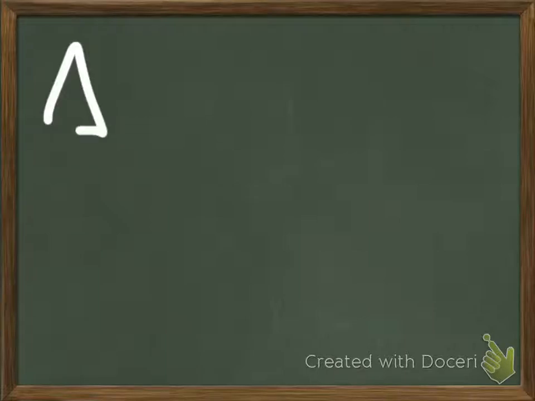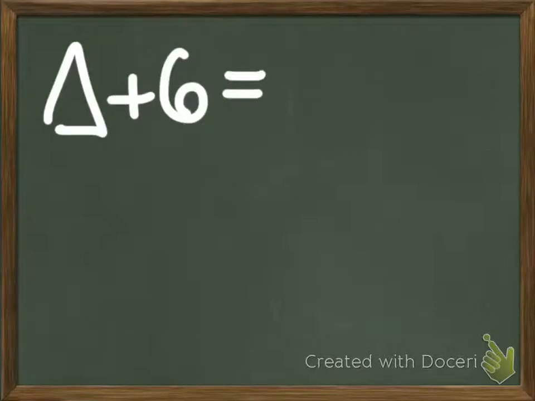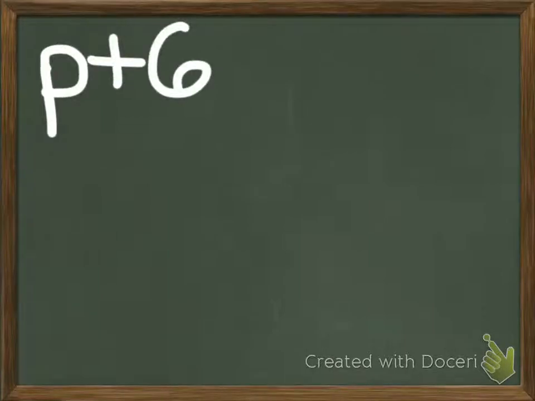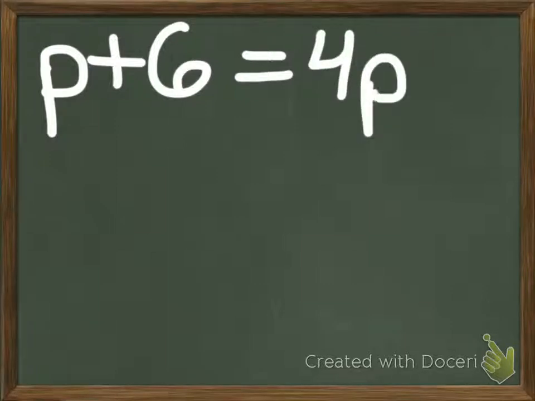Now, instead of putting triangle plus 6 equals 4 triangle minus 3, there's another way I can write that. I can write that as P plus 6 equals 4P minus 3.